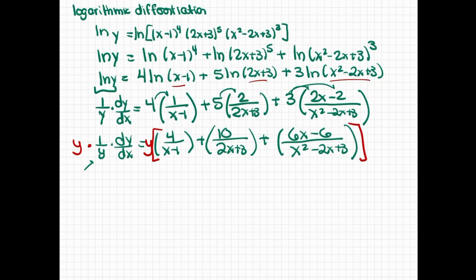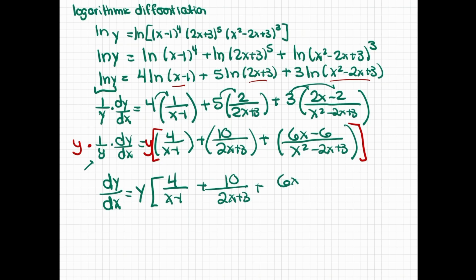So when we finish with all of that, our derivative, dy dx, is equal to y times 4 over x minus 1 plus 10 over 2x plus 3 plus 6x minus 6 all over x squared minus 2x plus 3.